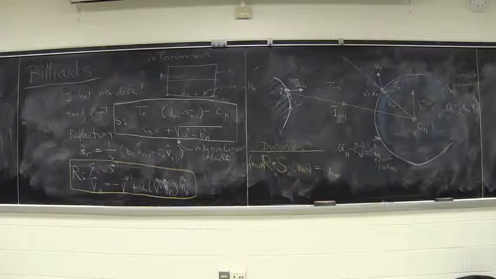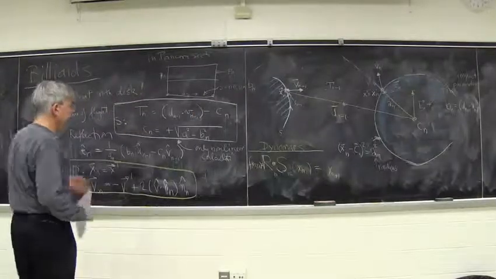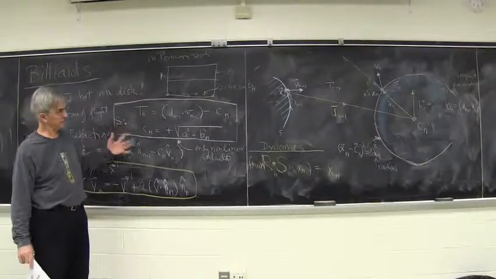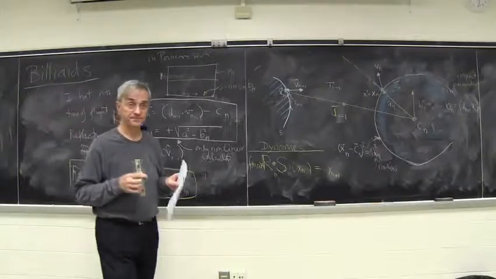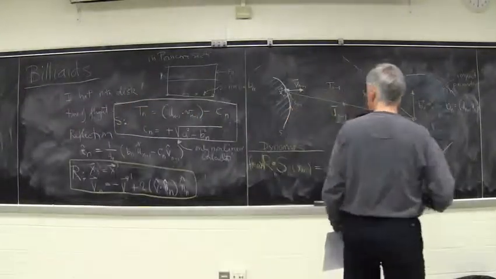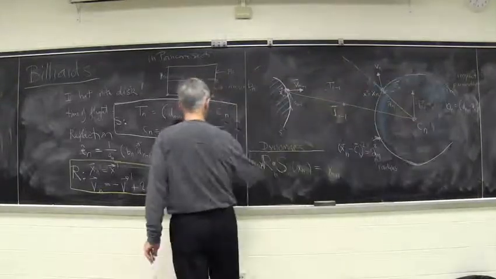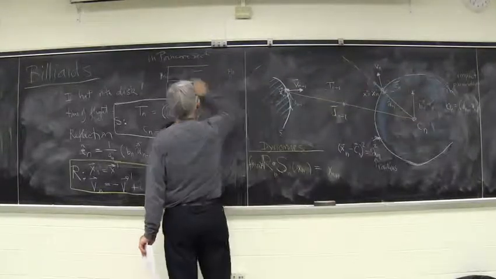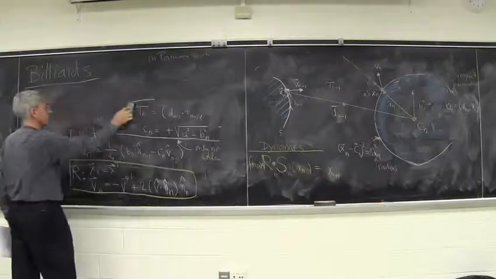The second thing about billiards that's very sweet is that not only is the dynamics trivial, tuk, tuk, tuk, tuk, but stability is trivial. And I credit Sinai and Bunimovich for writing it in a very elegant way. It's so elegant that I won't do it here.